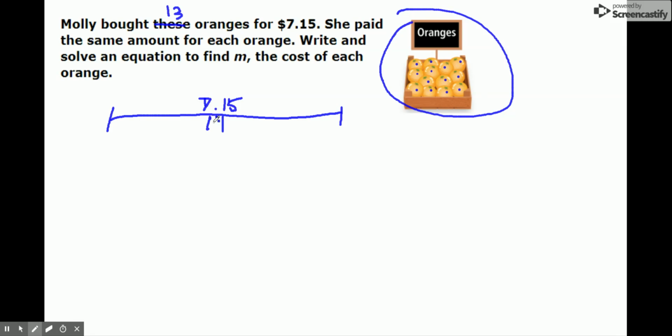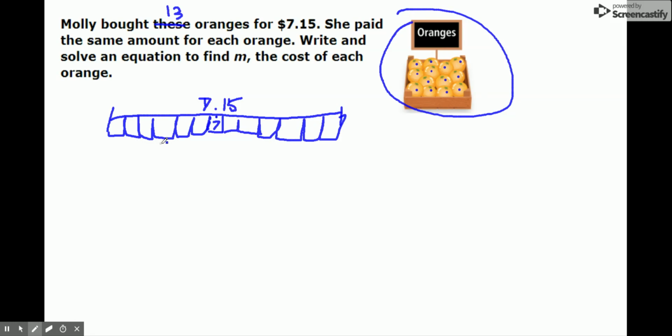And this would be orange number 7. And then here you need 6 more. 1, 2, 3, 4, 5, 6.